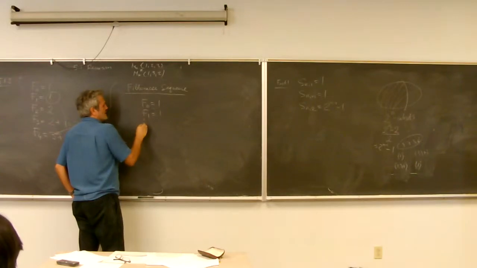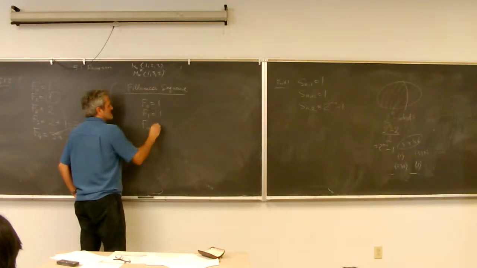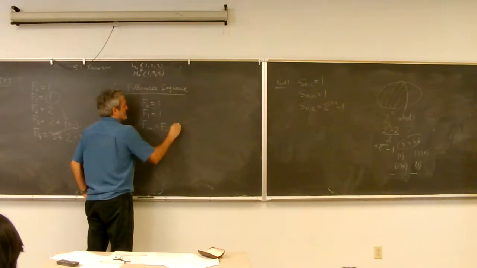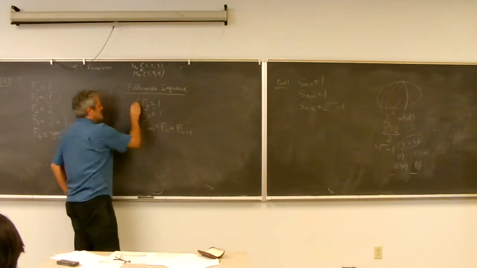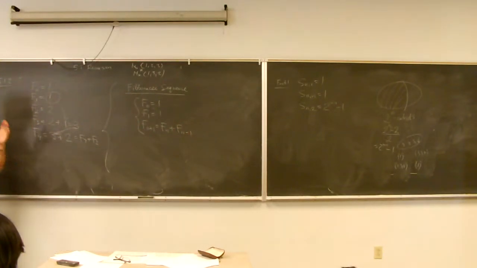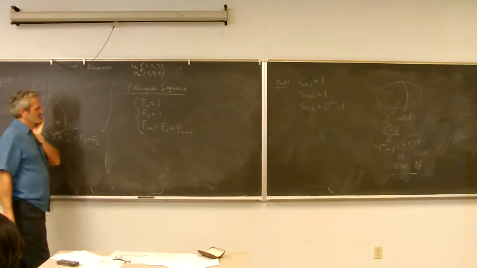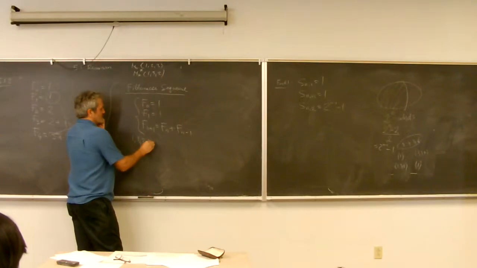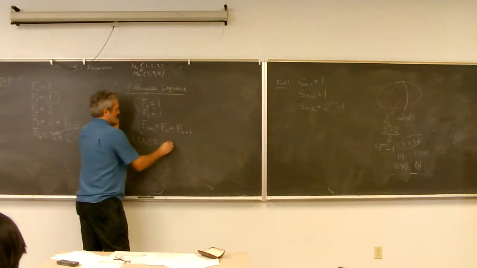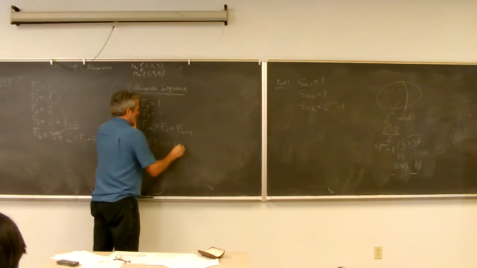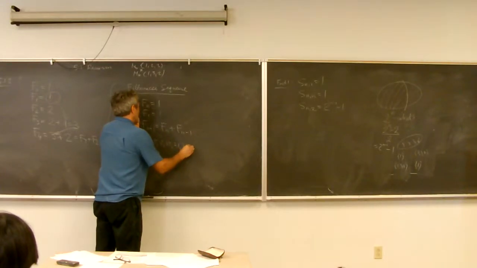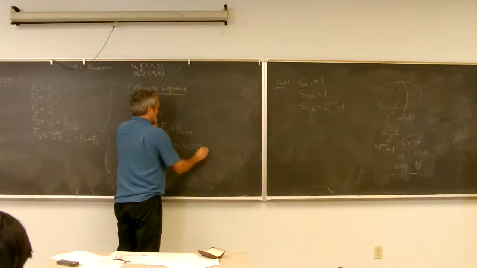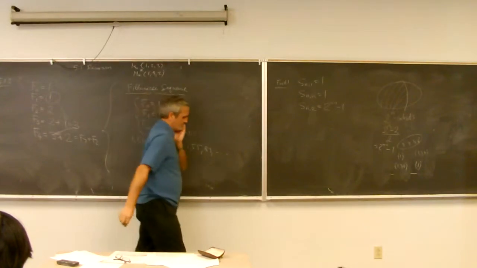F1 is 1, and then you have F(n+1) equals Fn plus F(n-1). And then using this, what is the sequence? 1, 1, 2, 3, 5, 8, 13, 21, and then 34, and 55, and 89, and so on.